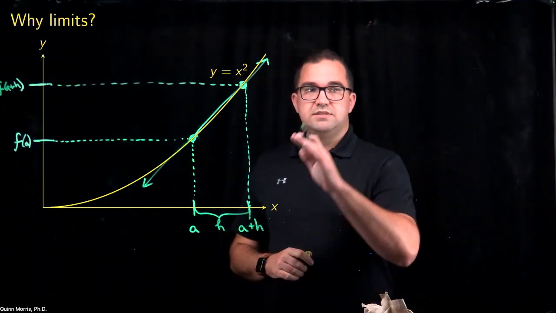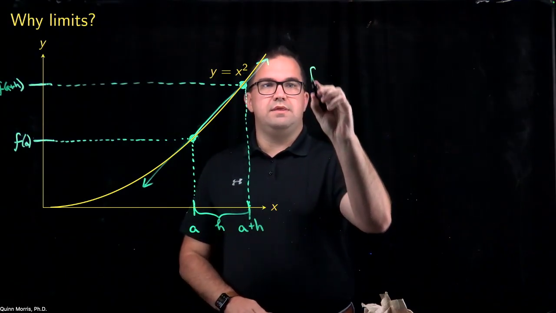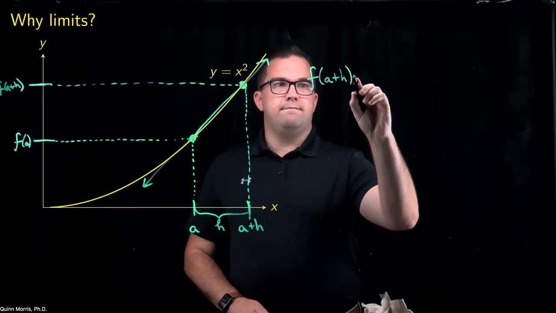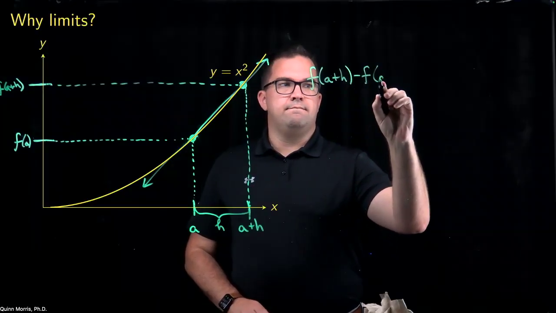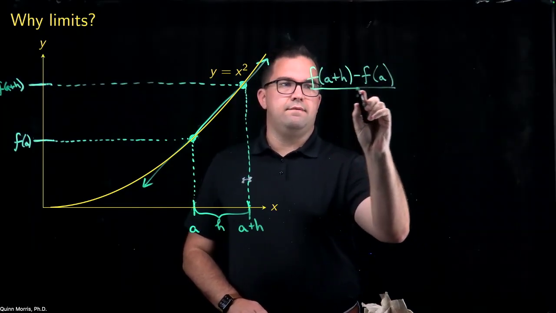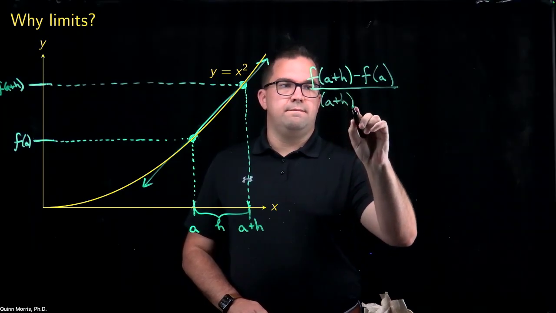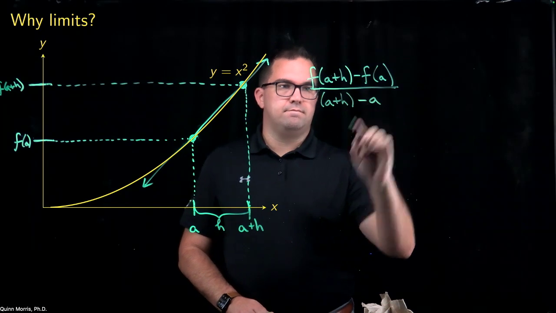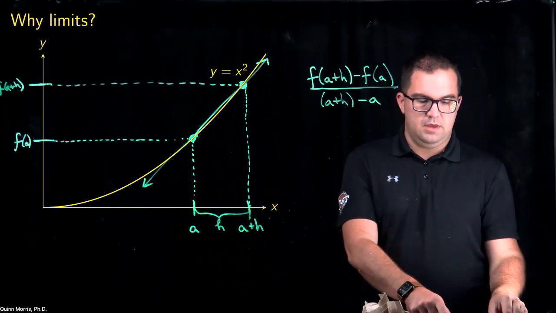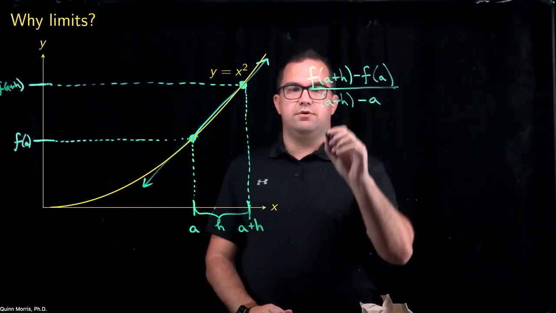Now that I have the secant line defined, I can calculate its slope. The slope would just be the difference in the y coordinates divided by the difference in the x coordinates. Again, this is just the standard slope formula. And now I could simplify that in this particular case.